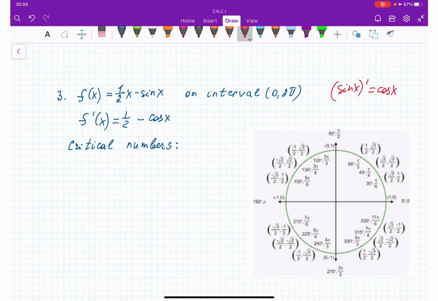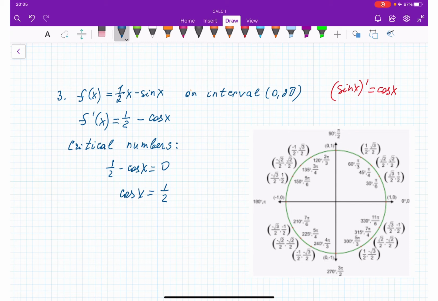Okay, well, let's identify critical numbers. If I set the first derivative equal to 0, 1/2 minus cosine x is equal to 0. From here, cosine x is equal to 1/2. Well, let's identify which angle has cosine x equal to 1/2.